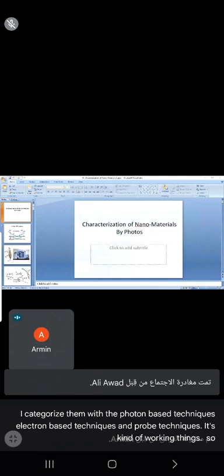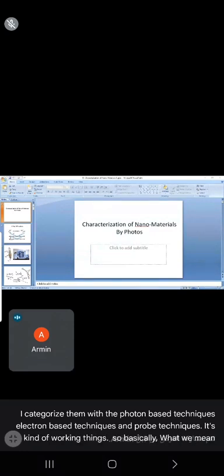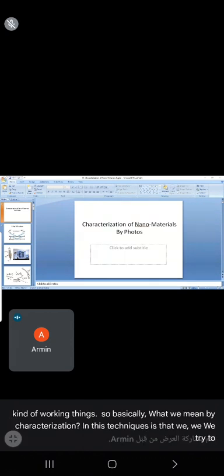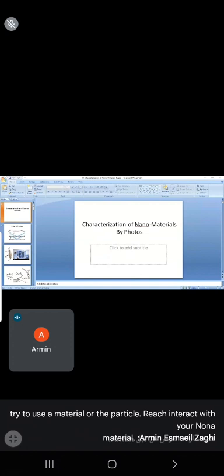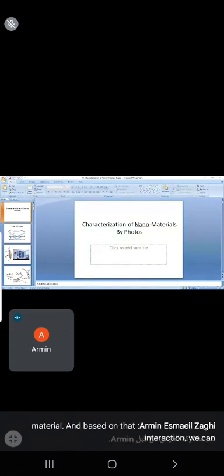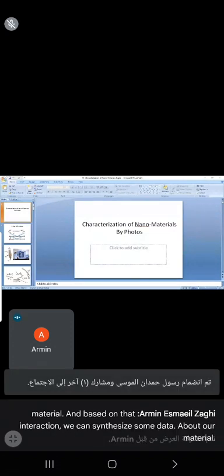What we mean by characterization in these techniques is that we use a material or a particle which interacts with our nanomaterial, and based on that interaction, we can gather some data about our material.